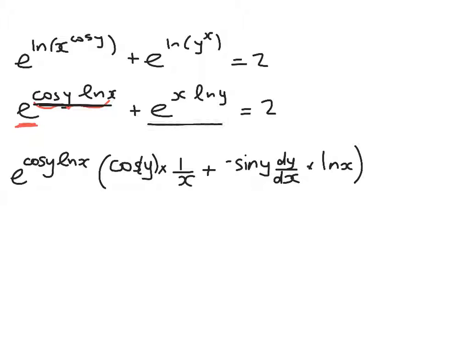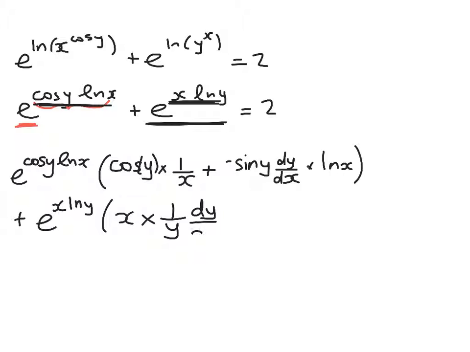That's that bit done. Now moving on to this, plus e to the x ln y. Right, implicit differentiation, product rule and implicit here. X times 1 over y dy by dx plus 1 from here times the natural log of y equals 0.